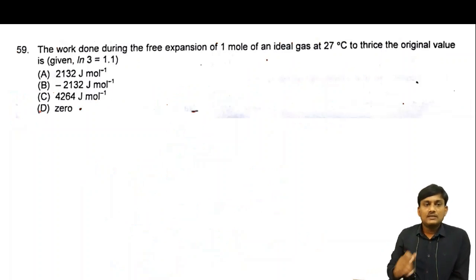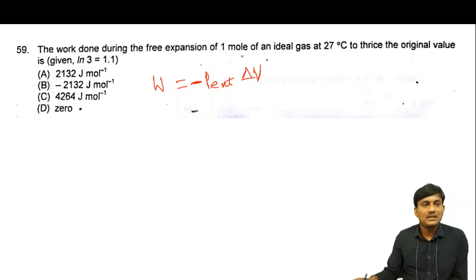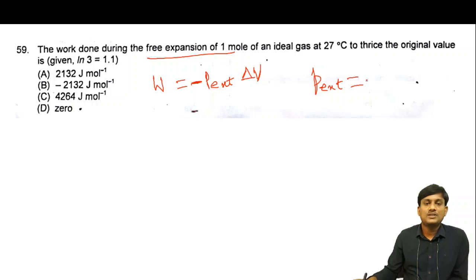The work done during the free expansion of 1 mole of an ideal gas at 27 degrees centigrade to thrice the original volume is. Okay, let us take work done, W is equal to minus P external into delta V. Here the condition is free expansion. Free expansion means the external pressure P external is equal to 0.